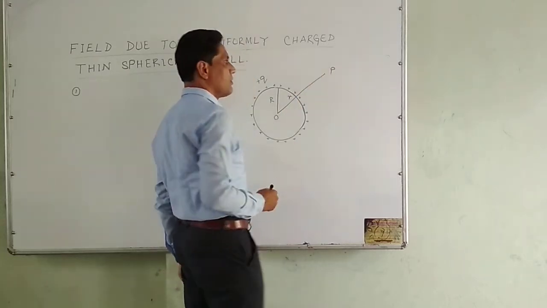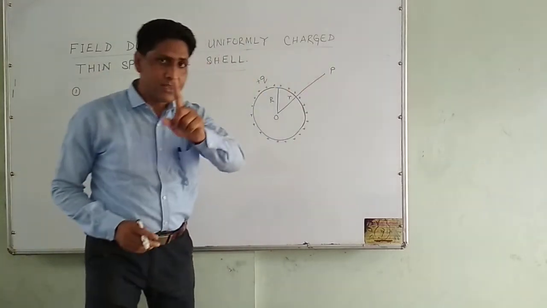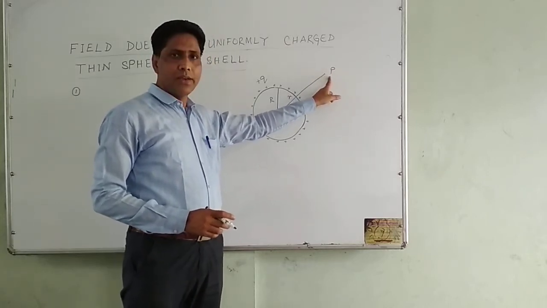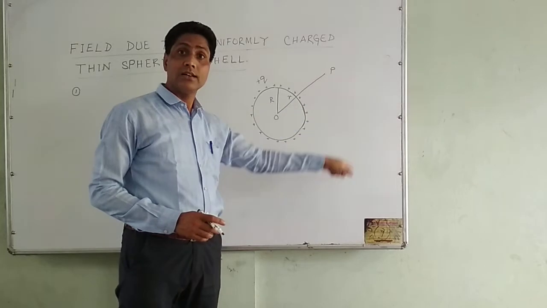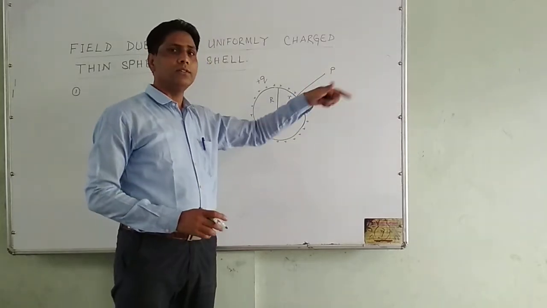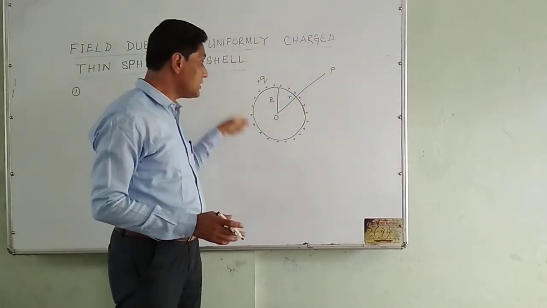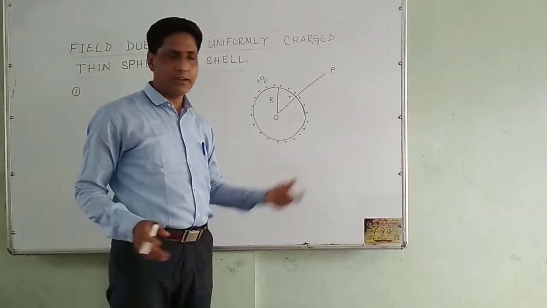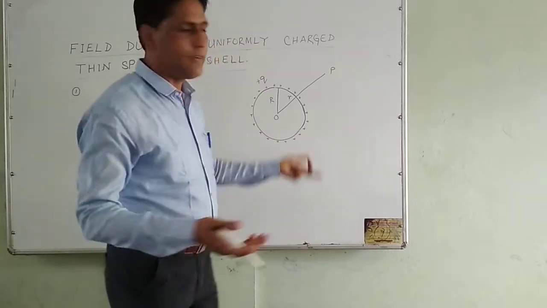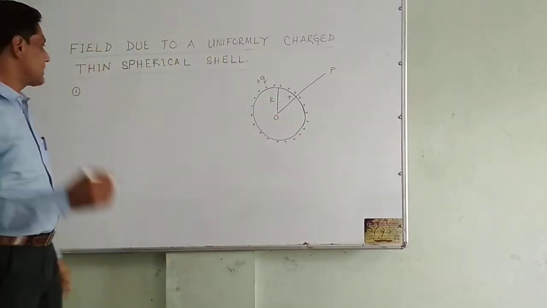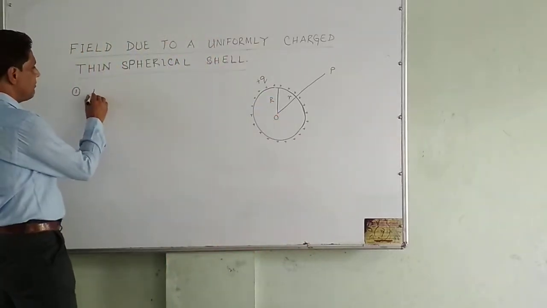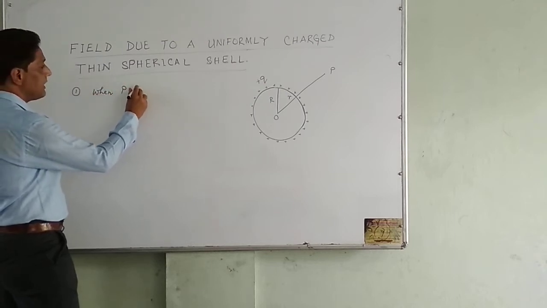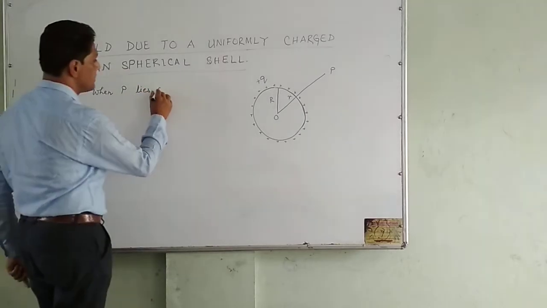Now in three cases we will see where P resides. If it is outside the spherical shell, the value will be different. If it is on the spherical shell of radius r, the value will be different. And we will see what the value of electric field is inside the spherical shell. Number one: when the point P lies outside the shell.